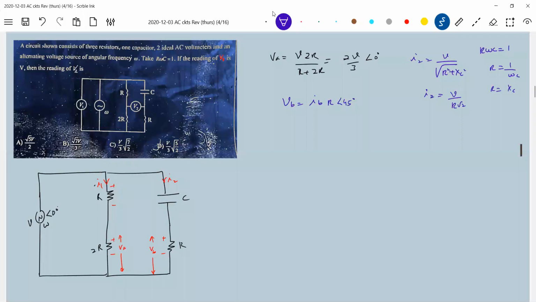So tan phi is equal to XC by R, that is 1, so 45 degrees. So what is IB? V by R root 2.